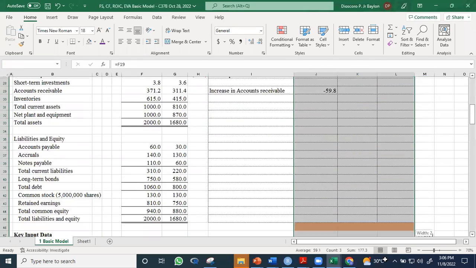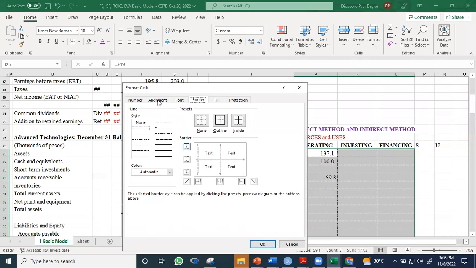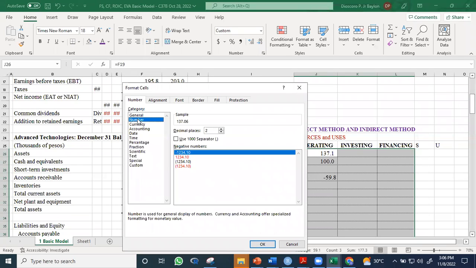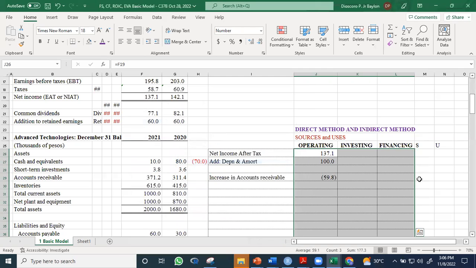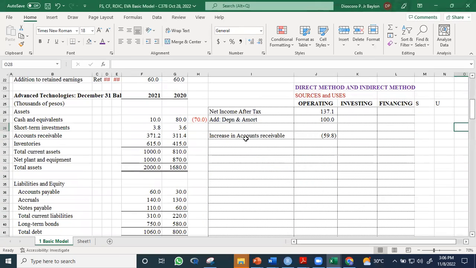Let me just fix our accounts, make it one decimal place, and put brackets when it's negative. So the increase in accounts receivable is 59.8.